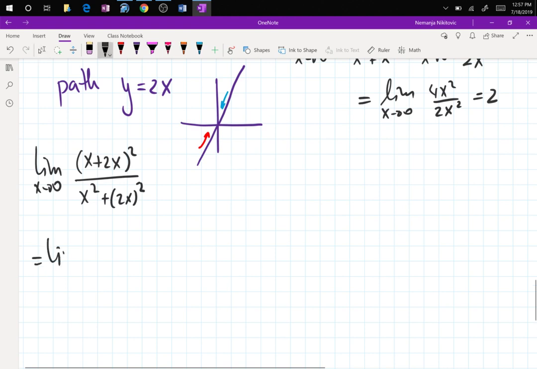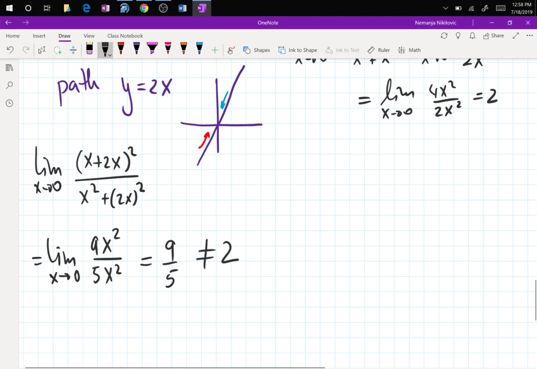This is further equal to the limit as x goes to 0. The top becomes (3x) squared, which is 9x squared. The bottom becomes 4 plus 1, 5x squared. And this in the limit is 9/5, which is not 2.